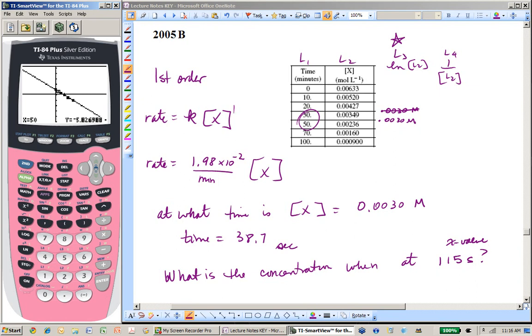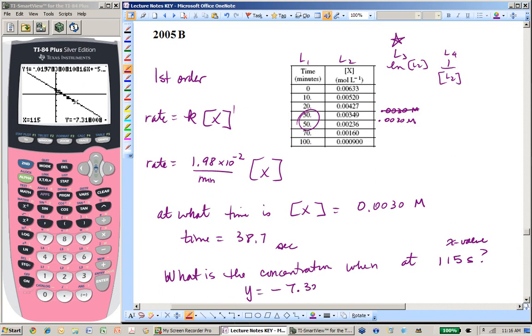I'm annoyed by that intersection, but it's not a big deal. So now I go second trace again to get the value where I can tell it what X equals. X equals 115. It will give me Y, which is not my concentration, because that negative sign is a giant clue. It's stored as Y, thankfully. So second quit. This is a natural log function.